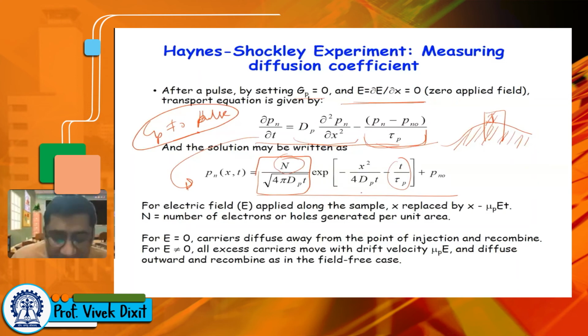Now this pulse is moving under an electric field, right? So the pulse spread will be determined by x square by 4Dt. The delta x here is the position where the peak drops by 1 by e.